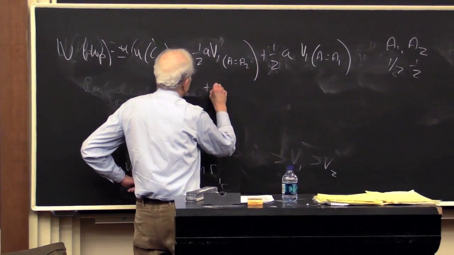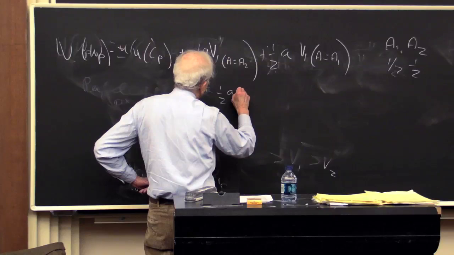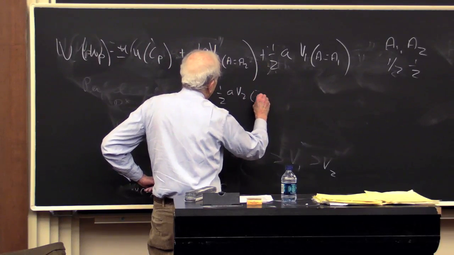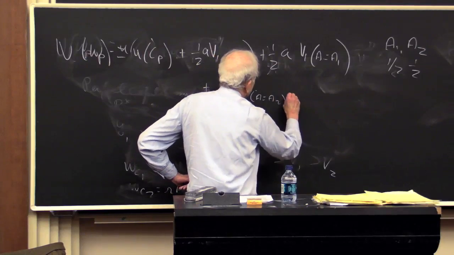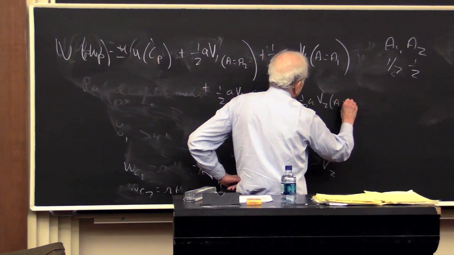And similarly for the other child, they're now equally able in expectation: (1/2) V2 if A equals A2 plus 1/2 V2 if A equals A1.